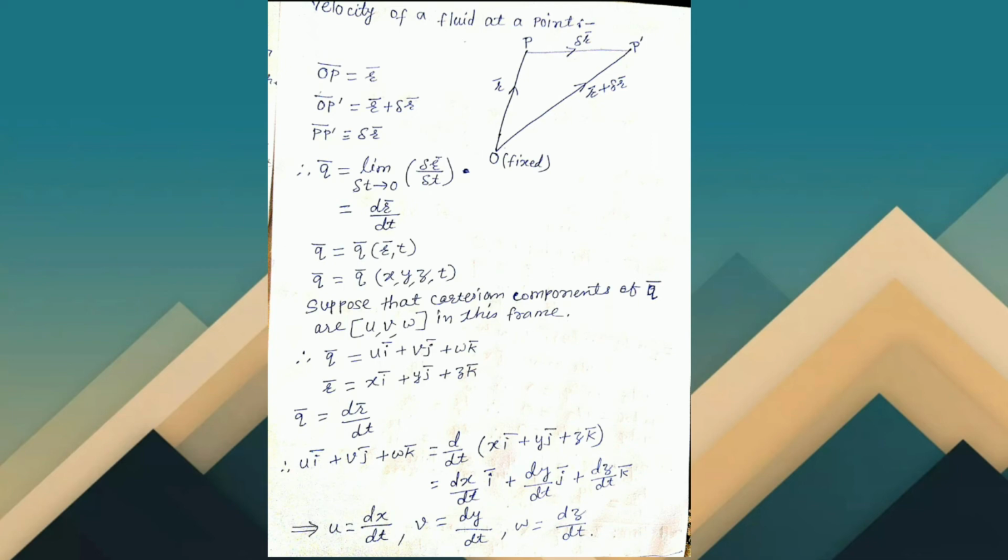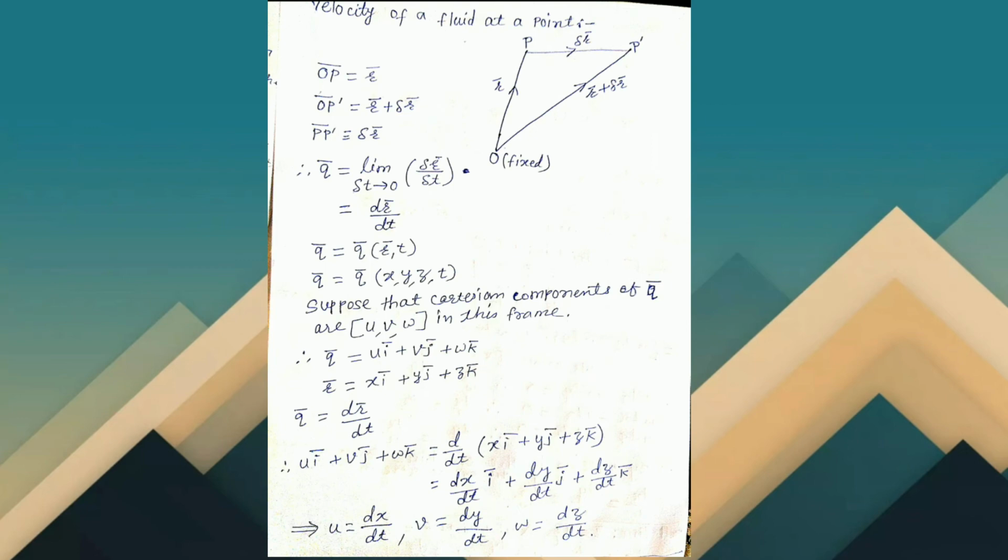Then in the interval delta t, the movement of the particle PP dash bar is identically equal to delta r bar. And so the particle velocity q bar at P is q bar equal to the limit of delta r bar by delta t as delta t tends to 0, which is equal to dr bar by dt.